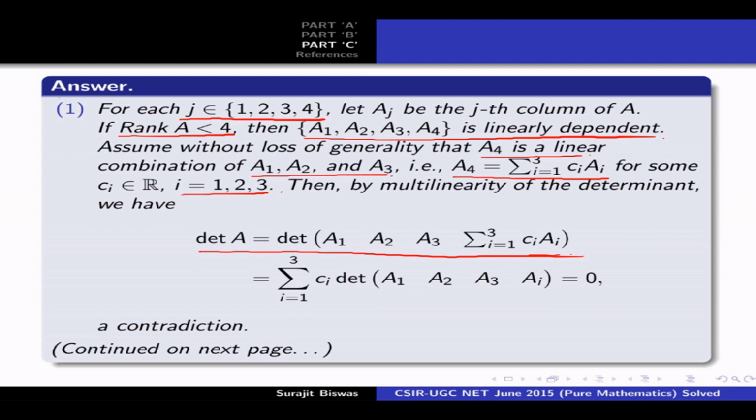This can be written as the sum for i equal to 1, 2, 3 of Ci times the determinant of A1, A2, A3, Ai, and for each i this determinant will be 0, and therefore the total sum would also be equal to 0, a contradiction. So therefore rank of A equal to 4.